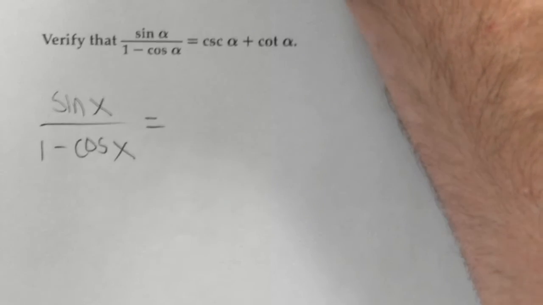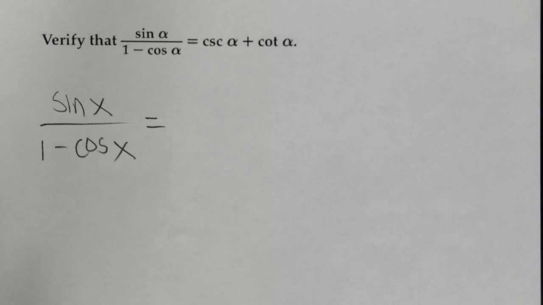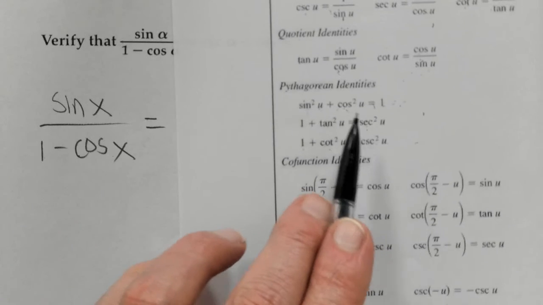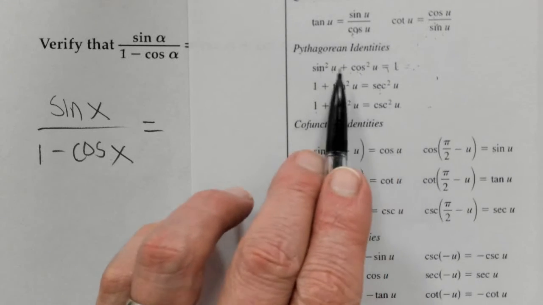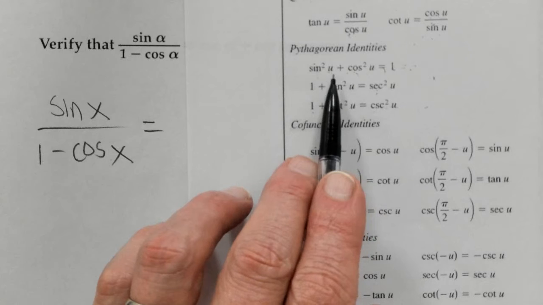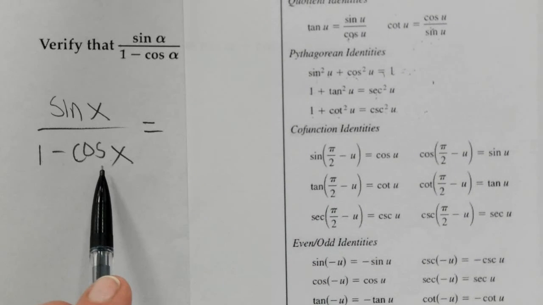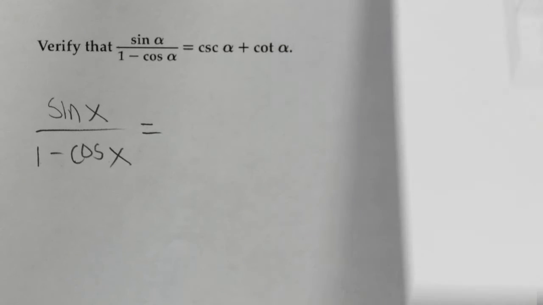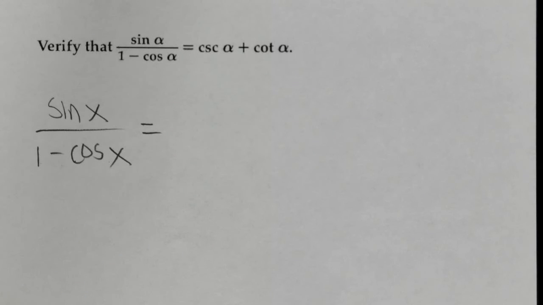When it's in this form with the 1 minus cosine, it looks kind of similar to one of the Pythagorean identities, but remember, in order to make that work, these have got to be squared. Unless this function is squared, this isn't going to help us as far as rearranging is concerned. However, there is a trick that we can use to make it squared, and that's multiplying the top and the bottom by the conjugate of the denominator.